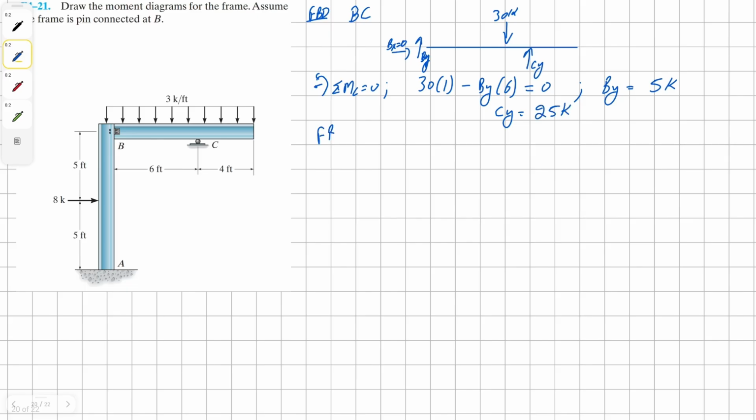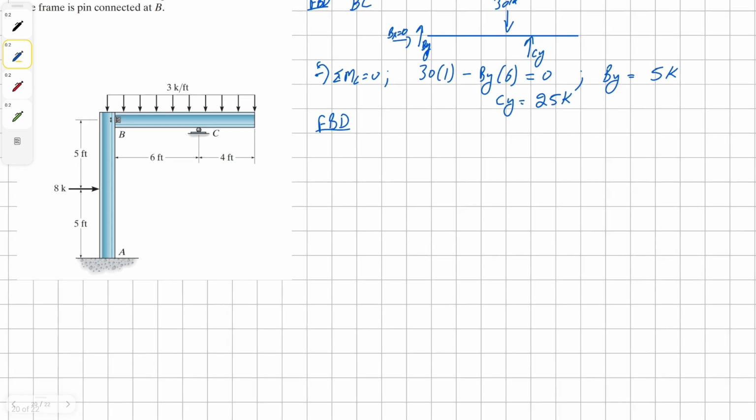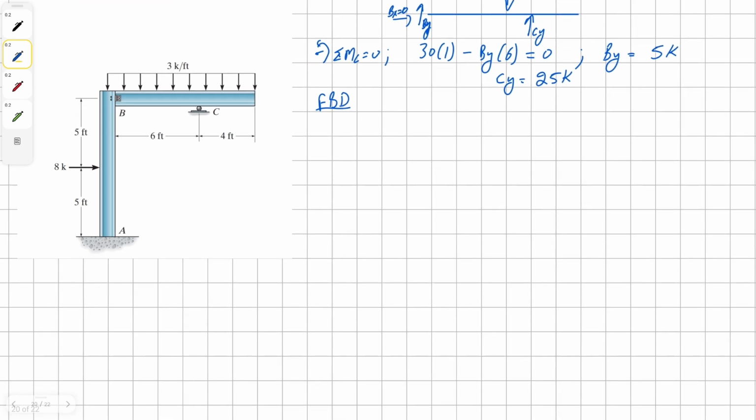Now we can draw the free body diagram for the remaining portion of this beam, which is AB, and it's 10 feet away. By is 5 kg. Bx is 0, so we're not even going to write it.